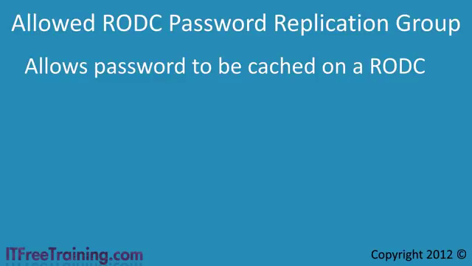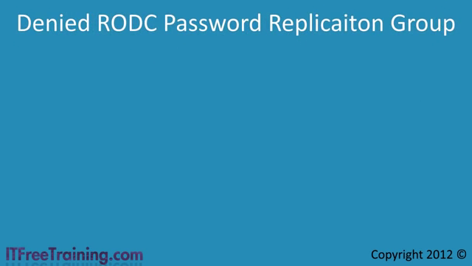The problem with this approach is that if you have users that regularly authenticate off that domain controller and the link between the read-only domain controller and a regular domain controller is down, the user will not be able to be authenticated. For this reason, this group allows the password to be cached on the read-only domain controller, allowing the user, if they have been authenticated from a read-only domain controller, to be able to be authenticated even during network outages.